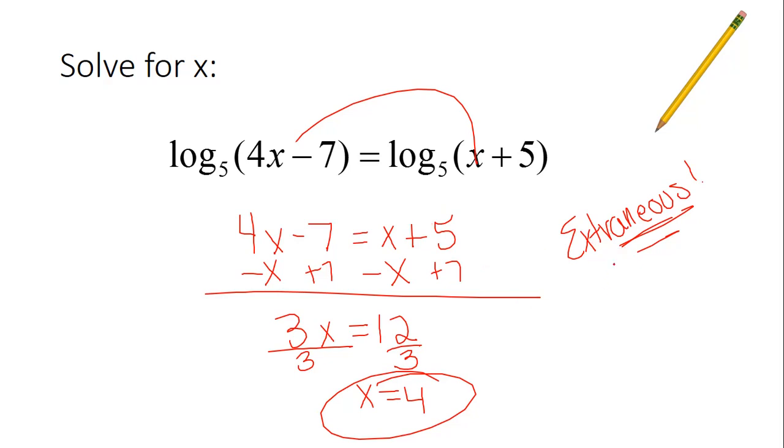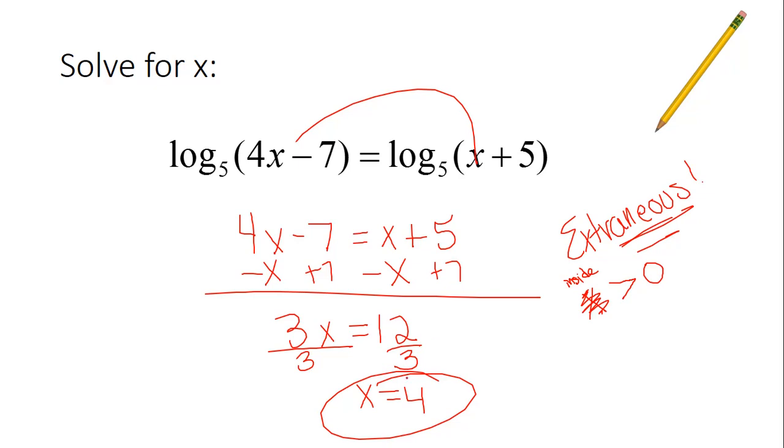The inside of a log needs to be greater than 0. Log of 0 is not a value. Your calculator will spit out a not real answer. Same thing if you get a negative.